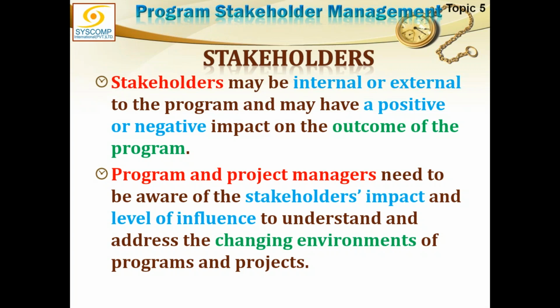So even if a stakeholder stays with you throughout the life of the program, this stakeholder will keep changing his space, and naturally your strategy will also need to change accordingly. So I think that is amply clear: internal, external, positive, negative, big, small, all this.